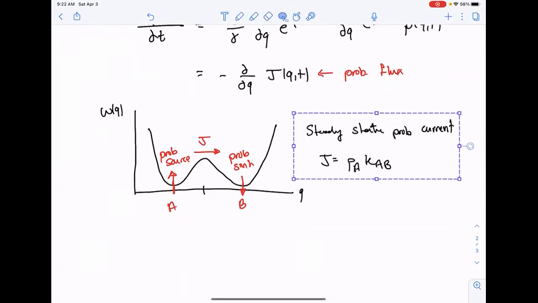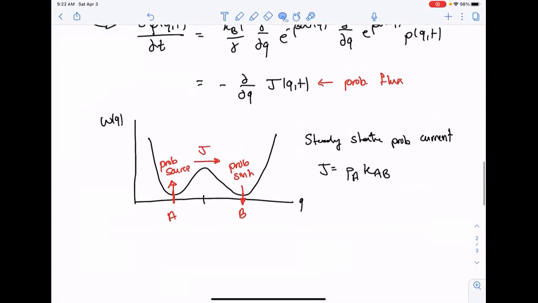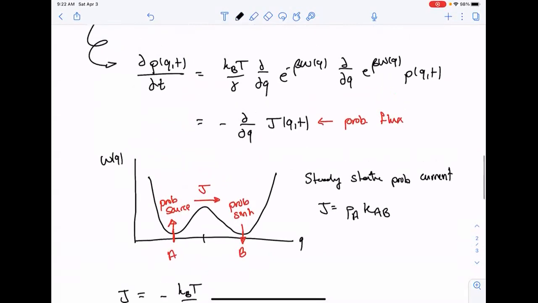So this turns a transient problem of a rare barrier crossing into a steady state problem, which is again valid in the limit that there is a strong separation of timescales between local relaxation and reaction. Okay, so our flux can be written by definition as minus kBT over gamma. We look up here, so that was a constant that can go inside that first derivative.